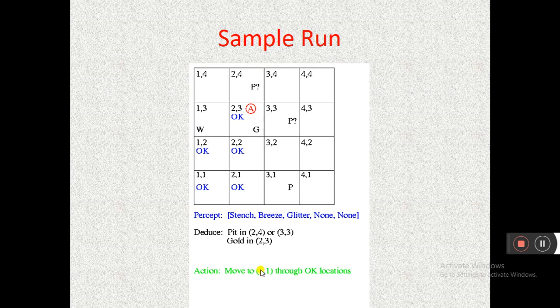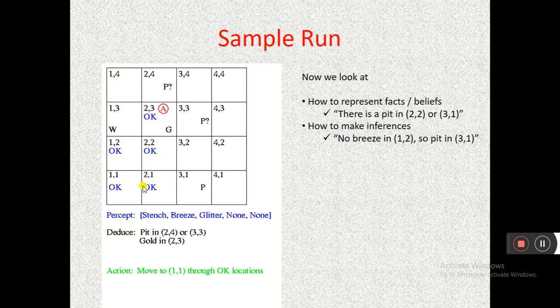move to 1 1. Again we have moved to 1 1 through an OK location. This one is an OK location. This is the OK location. So we will come back, and how to present the fact: belief there is a pit in 2 3 or in 3 1. So we are here in this scene, and this is how to make inferences.